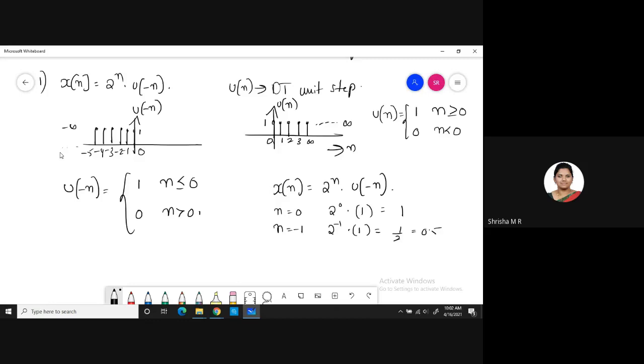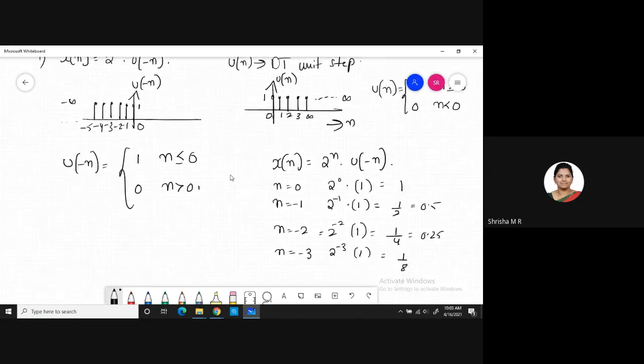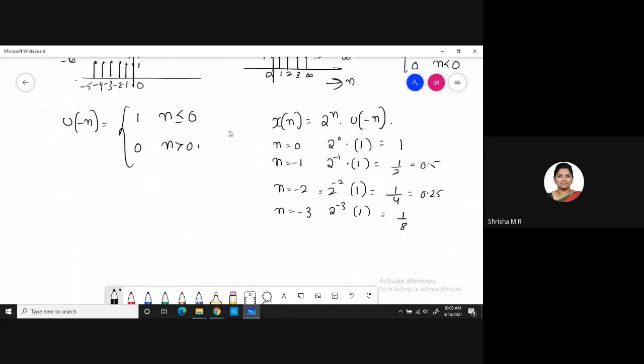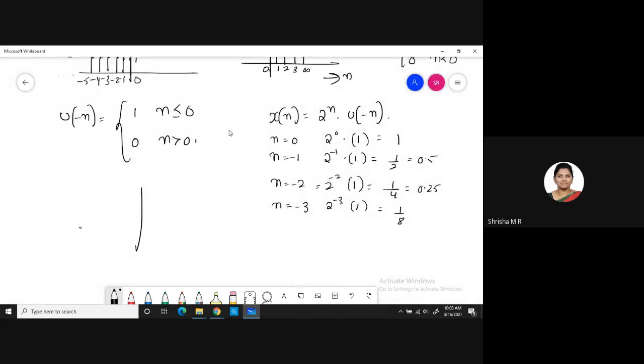If n is equal to minus 2, you have 2 power minus 2 into 1, which is 1 by 4 or 0.25. If n is equal to minus 3, you have 2 power minus 3 into 1, which is 1 by 8, and so on. So we'll try to plot this signal, 2 power n into u of minus n.